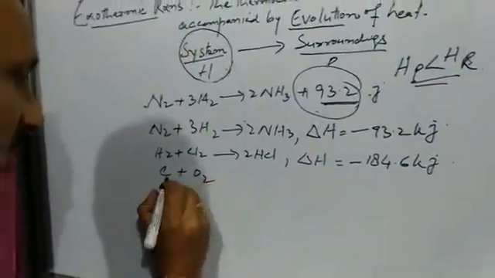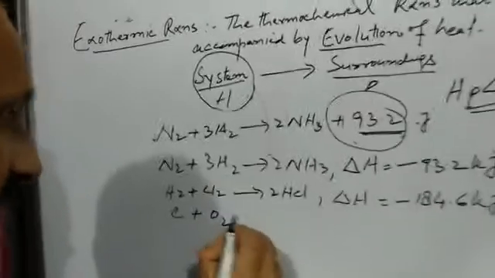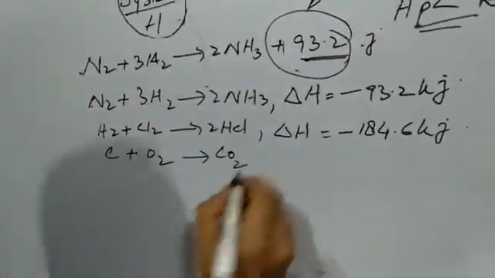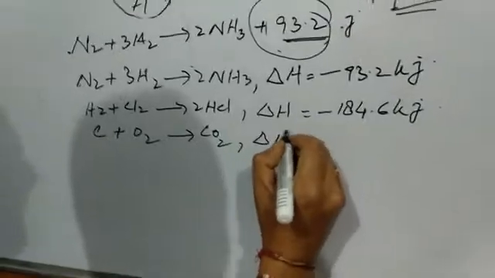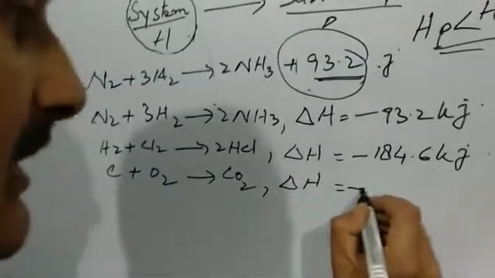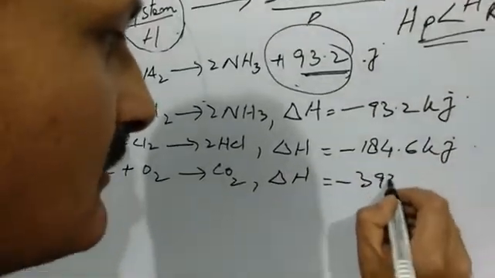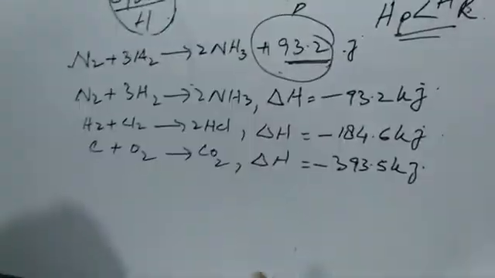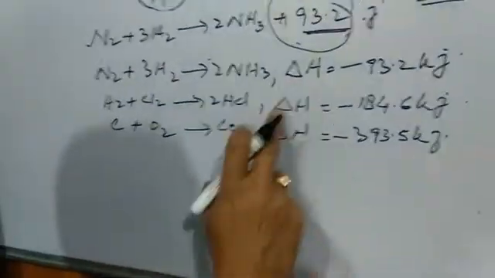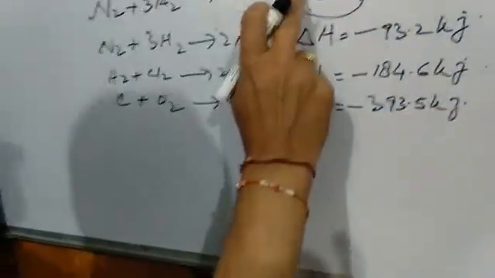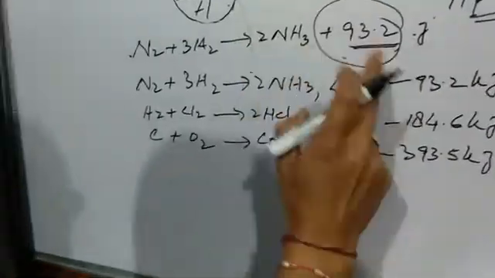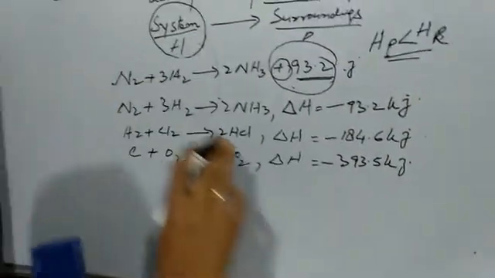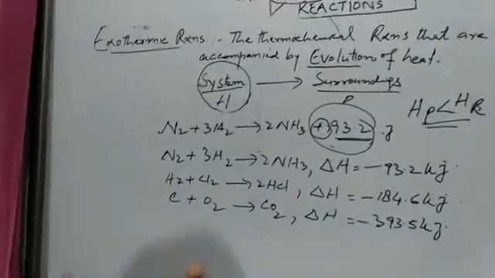Carbon combines with oxygen to form carbon dioxide, and here again delta H will be negative, and it is minus 393.5 kilojoules. So in all the cases delta H is negative, but heat shown in the reaction, not delta H, will always be positive. So these are some examples of exothermic reactions.